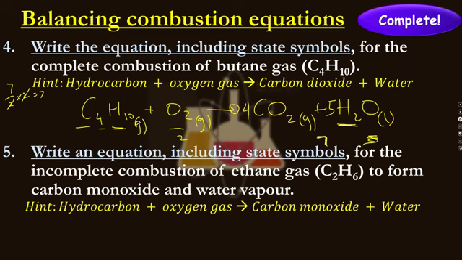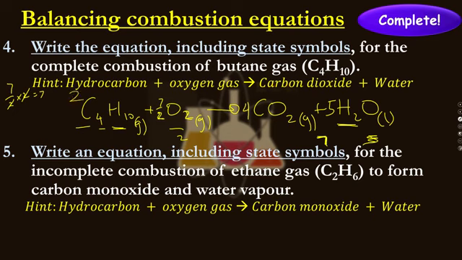So I can write 7 over 2, O2. Now my equation is balanced because the 2 will cancel out this 2 here and I'll get 7 oxygens. But I don't really want to work with fractions. We're told that we should try and put this in whole numbers. So what we can do is times everything by 2.